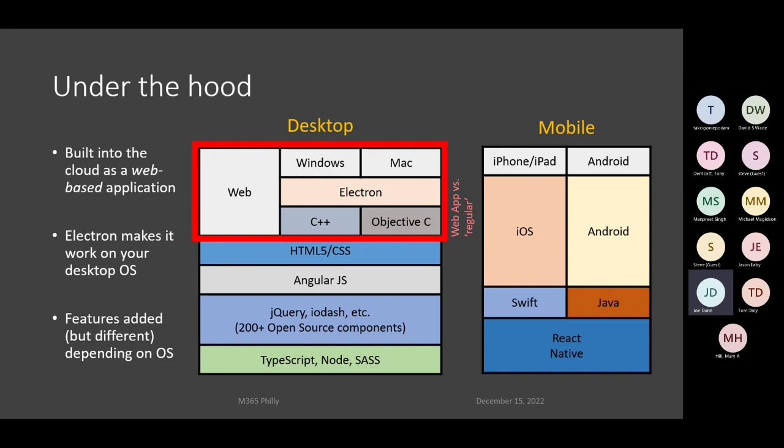This is why they can do certain things in iOS or Android that they can't do on the desktop, because it's just a different code base from the start, such as the walkie-talkie features for Android for Teams. So this is what's happening underneath Teams, and this is why it's going to be different in each version that you use.